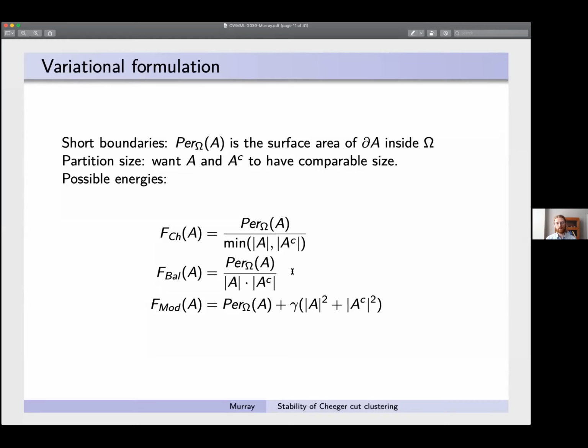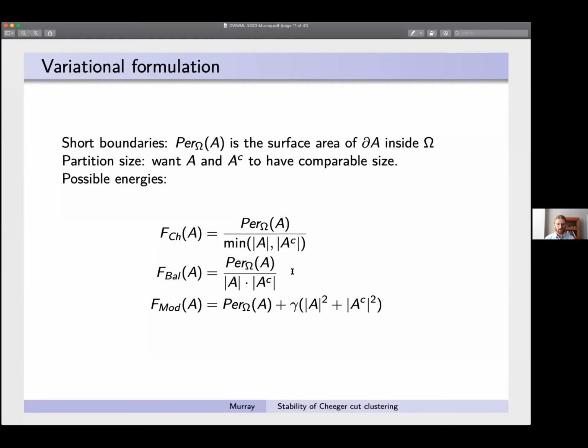All right, there are other options for ways you can implement this goal to have partition sizes be comparable. One option is instead of using a min, you just multiply the size of A by the size of A complement, and these are balanced partitioning problems. And then there's a third option that's called modularity clustering in some settings, or is related to modularity clustering, where what I instead do is add the size of A squared plus the size of A complement squared multiplied by some constant gamma that I would have to pick.